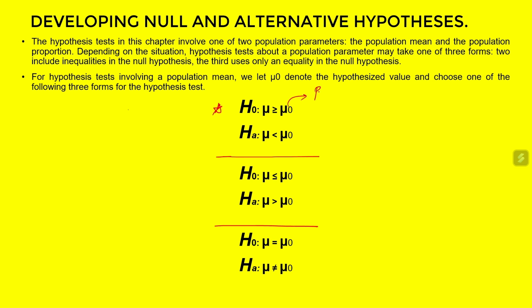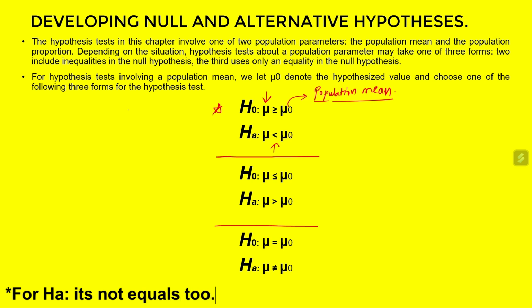Mu naught is our population mean, and we always do the comparison with our population mean. We are finding whether this is going to be greater than or equal to the population mean, or whether it is going to be less than or equal to the population mean. That is why we are building our hypothesis.